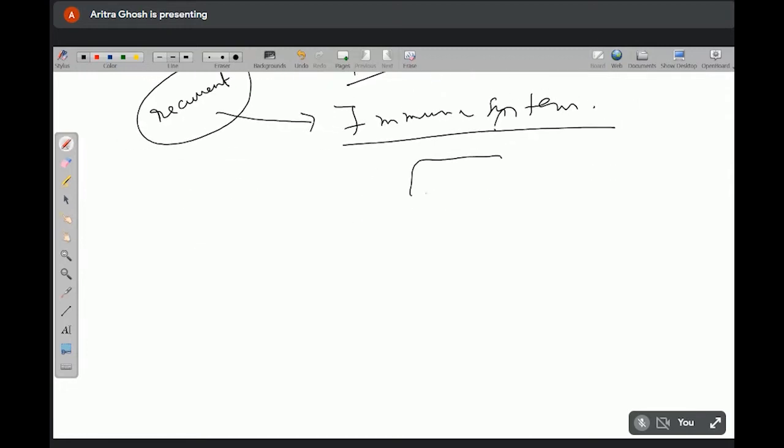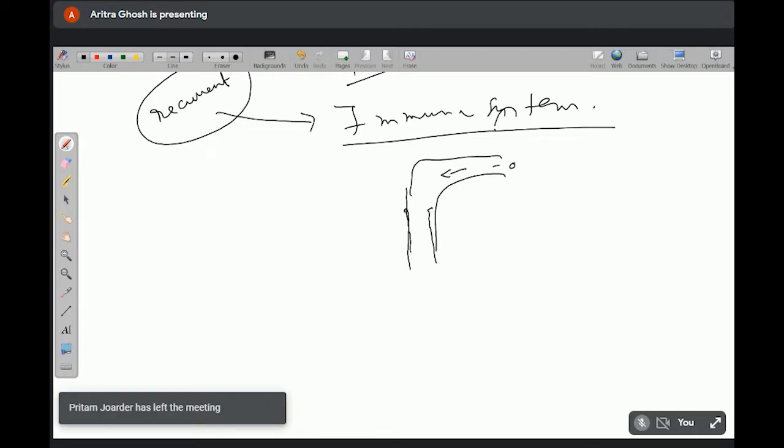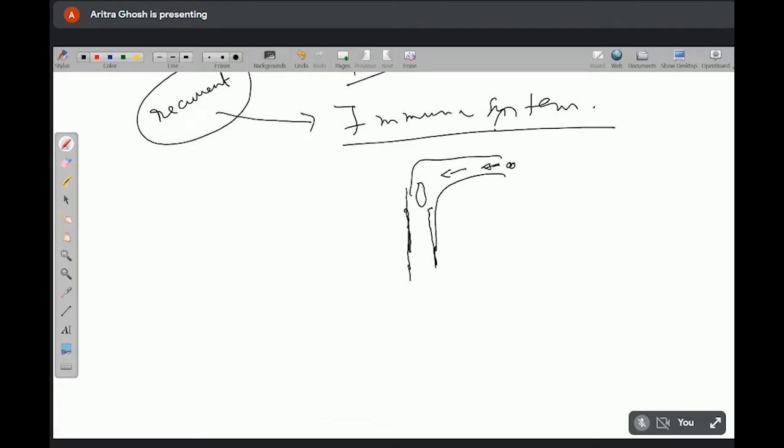Among the physical, what you are telling is very right, that is skin. Another is the mucous membrane, like this throat, the mucous membrane is here. Epithelial layers are there. So these are the physical barriers.